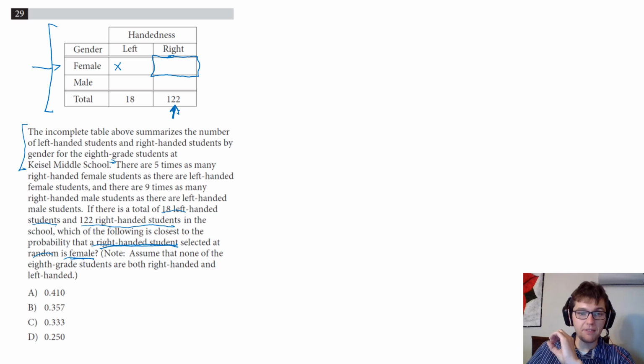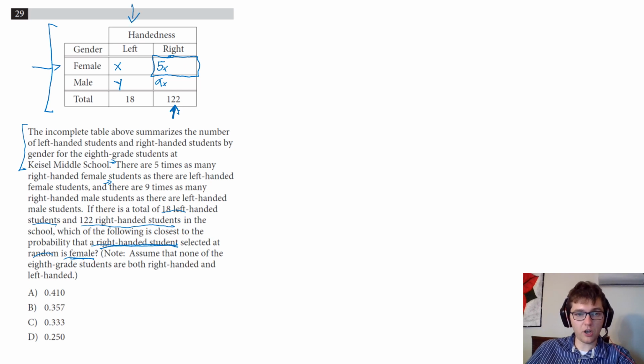So 5X, right? 5 times as many. In the next sentence, right after the comma, there are 9 times as many right-handed male students as there are left-handed male students. So call the left-handed male students Y, and there are 9 times as many right-handed male students, 9Y. Okay, so with this information, you can set up 2 equations.